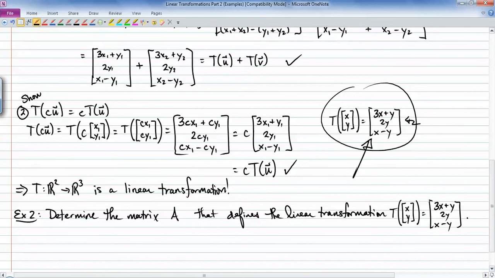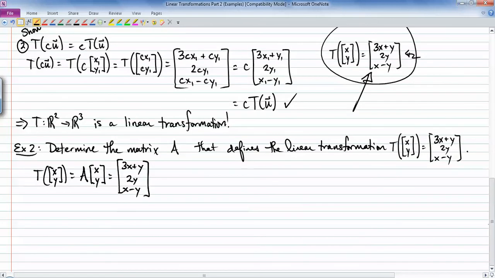Okay, we can write this out a little bit. We know that T of (x, y) should be some matrix A times (x, y), and that should give us 3x plus y, 2y, x minus y.